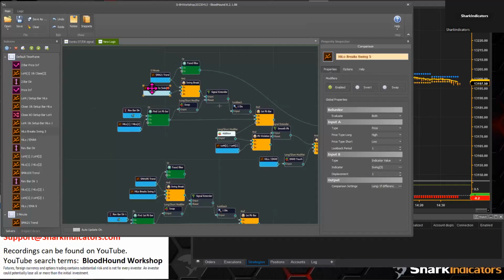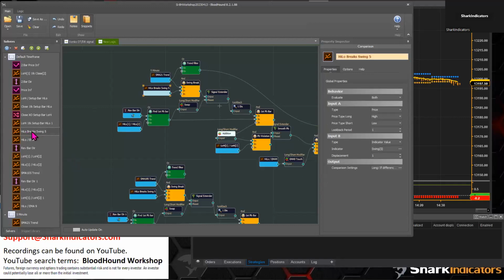It's just that we're seeing the node on here twice, but both of these are visual references. Actually, all these nodes are only visual references. This is just a visual GUI here, and they're visual references to the one node on the list of solvers.